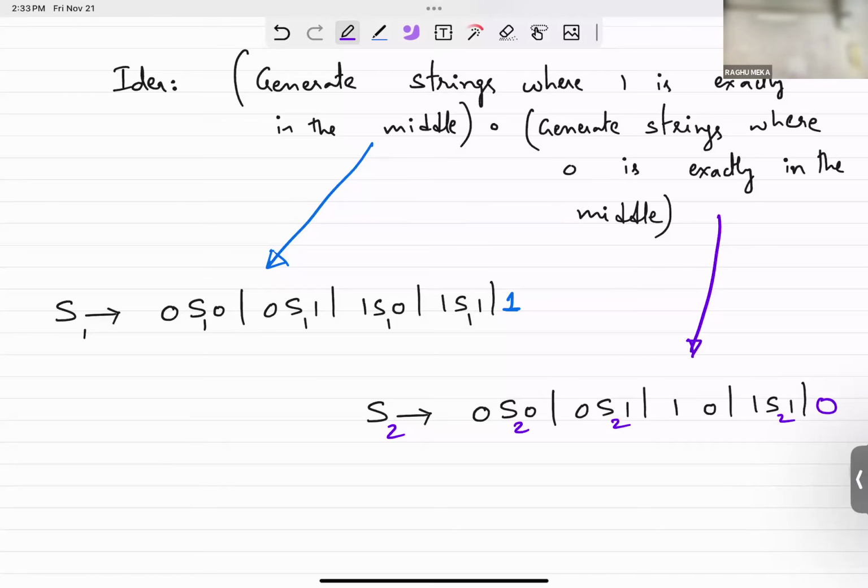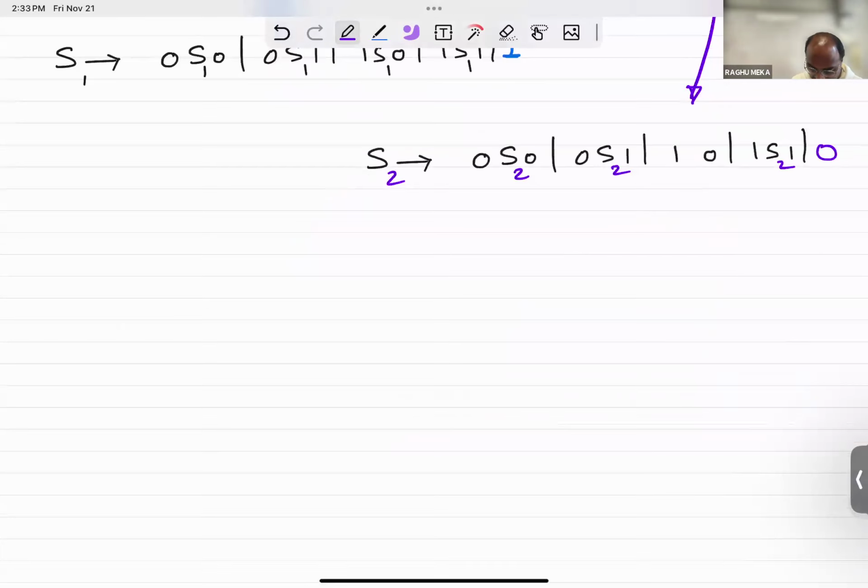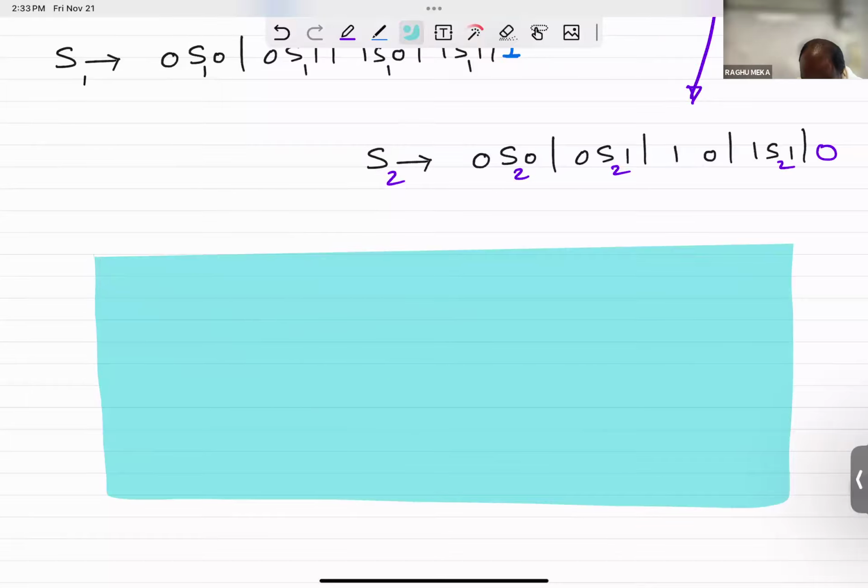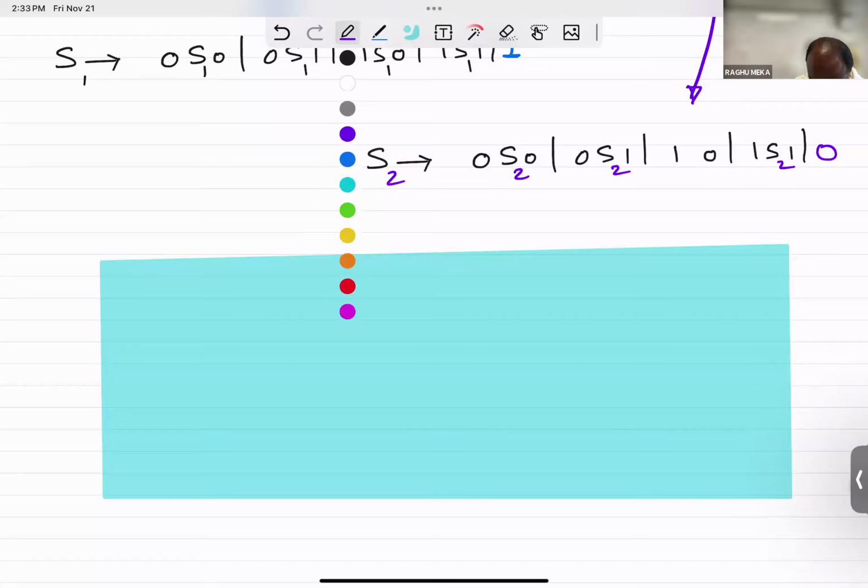And the only thing left to do is to put these two things together. So I can say S goes to my final grammar.